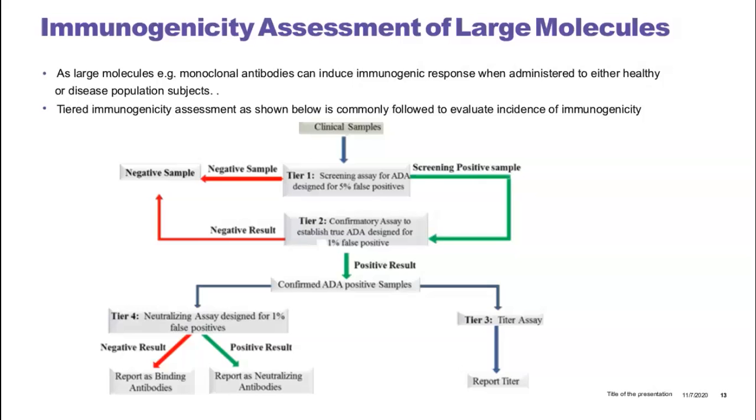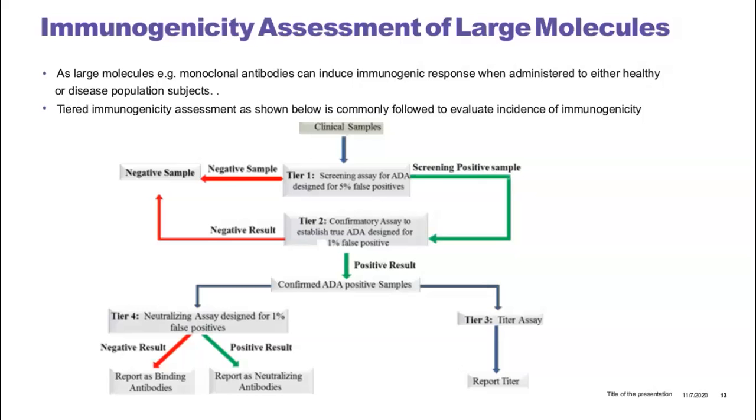Suppose the samples are negative, then they are not immunogenic. And if the screening is positive, then they go for the confirmatory assays. This confirmatory assay establishes true anti-drug antibodies for that particular product.